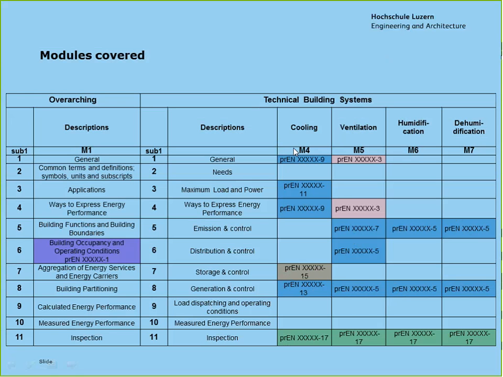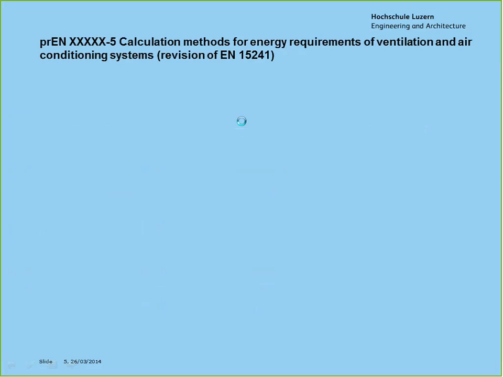So it means cooling, ventilation, humidification and dehumidification issues are covered, and we are covering several of the sub-modules here, mainly emission, distribution and generation, plus a few others, and the inspection down here. One item is in the overarching part, and that's again Bjarni's standard that he has already been talking about.